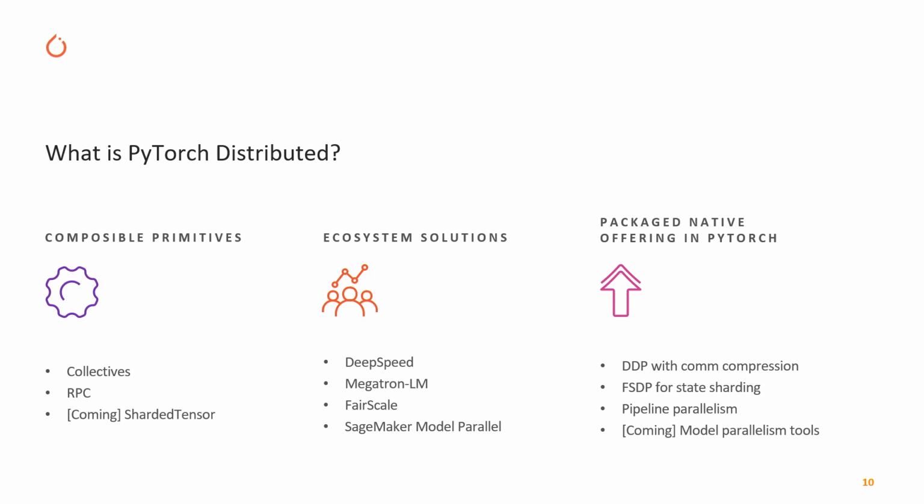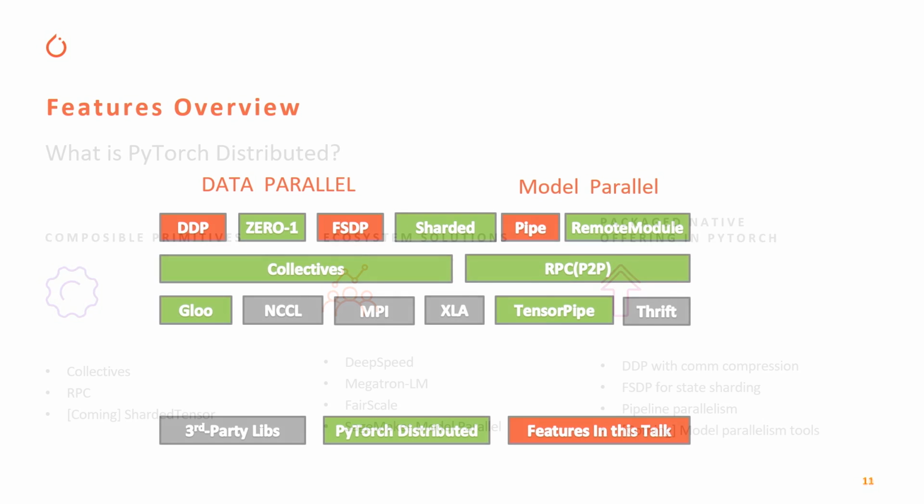There are many ecosystem solutions built on top of PyTorch Distributed, including Microsoft's DeepSpeed, Megatron LM from Nvidia, FairScale library from Fair Research, and the SageMaker model parallel from Amazon. PyTorch Distributed provides native package solutions for DDP with communication compression, fully sharded data parallel, and state sharding, pipeline parallelism, and we are adding support for more tools for model parallelism.